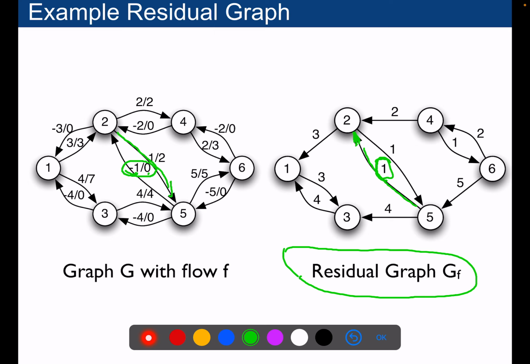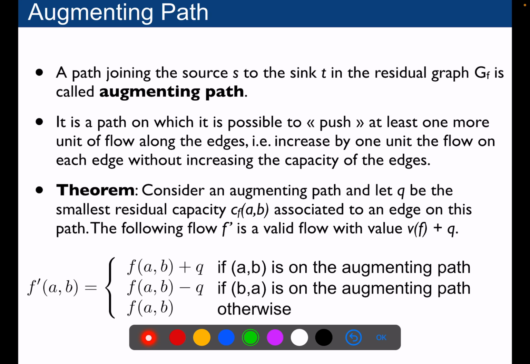We can use that graph and compute paths in it to detect possible improvements inside the current flow value. A path in the residual graph that is able to reach the sink node starting from the source node, we call an augmenting path. It's a path on which it's possible to push at least one more unit of flow along the edges.